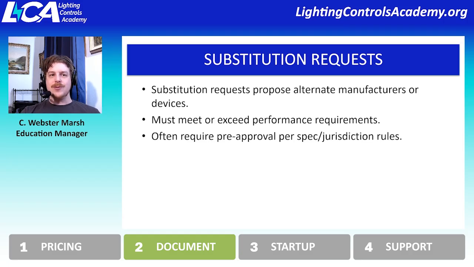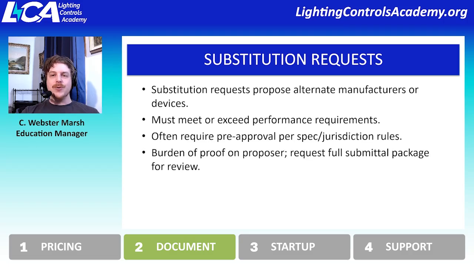So a substitution should really be provided during the bid phase, oftentimes via an RFI or through a formal substitution request application. But at the end of the day, the proposer really needs to prove that their system is equal or exceeding the system that was specified.